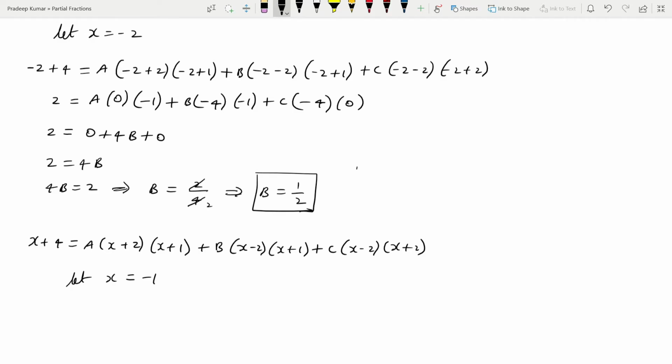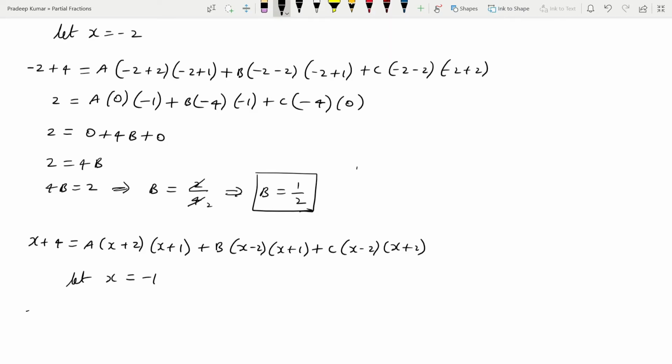Suppose if I take -1 here, then -1 plus 1, this whole part becomes 0. If this is becoming 0, this whole A will become 0. So here also if I take -1, this -1 plus 1 will become 0. So this whole B will become 0, and we'll be getting the C value. Alright, so let's do this. In the place of x I'm taking -1.